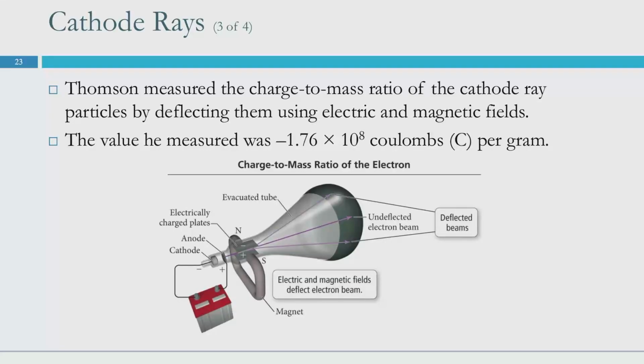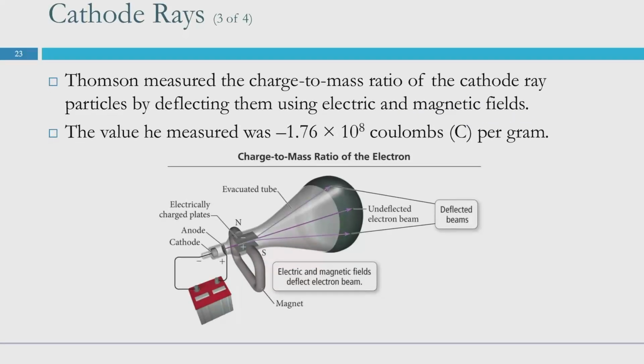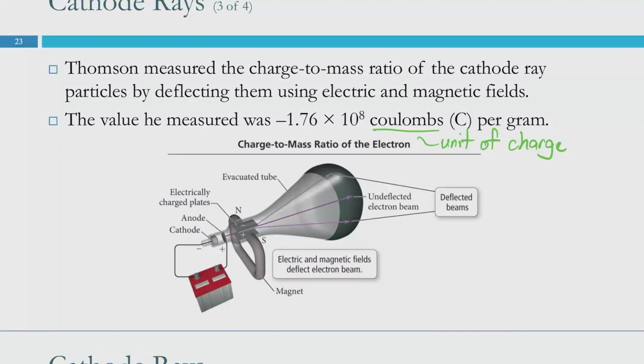And using some physics, knowing the strength of the magnetic field, how fast they were traveling, making some assumptions, he measured a value of this many coulombs per gram, and coulombs is a unit of charge. So we got this value for the charge on these cathode rays, which, spoiler alert, they're electrons.